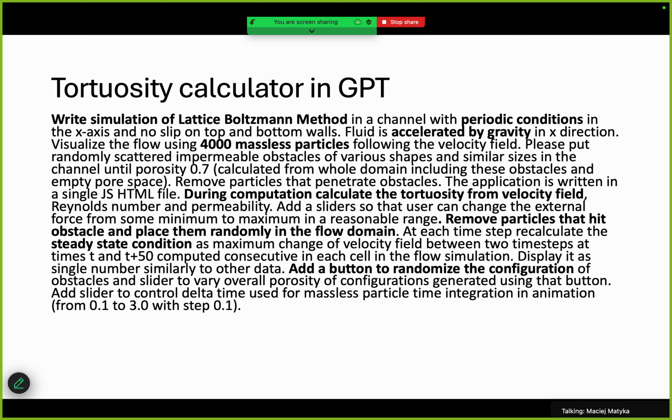So I can change the porosity, for instance, randomize and take tortuosity. Even by hand, I took too large an external force, so it will probably stop working in a moment. So I decrease this force a little bit, but increase the particle delta time. So I get tortuosity. For instance, here step by step I can change the porosity and calculate tortuosity for different conditions.